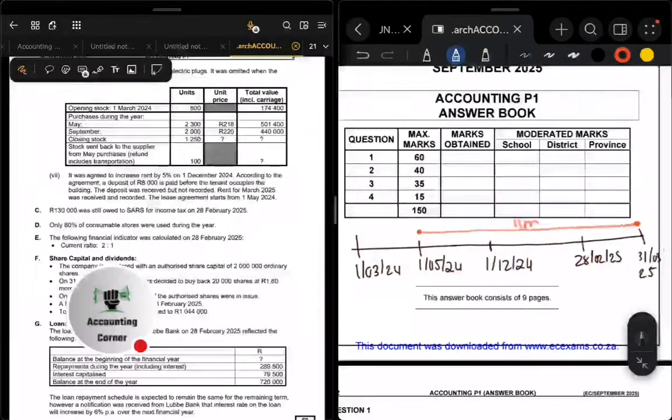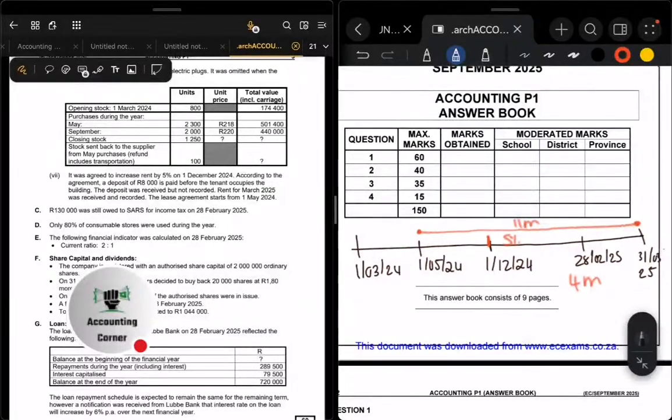Okay, so we have 11 months of rent received, plus the deposit. But the rent itself is just the 216,000. Okay, and then we're told from here there's a 5% increase. So from December up until March, we have a 5% increase. So that's how many months? December, January, February, March, which is 4 months out of the 11.